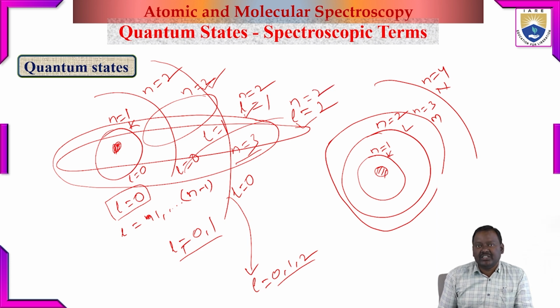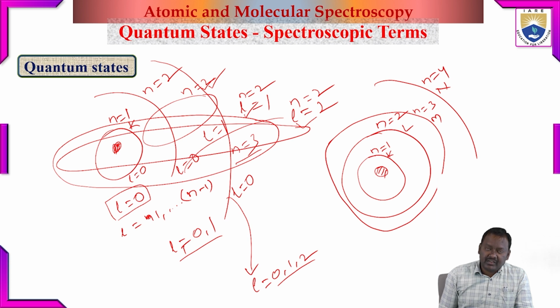The n value does not change. The l value changes according to the eccentricity of the ellipse. So the shape also changes. As the shape changes, the l value changes. So l is the orbital angular quantum number. n is the principal quantum number.